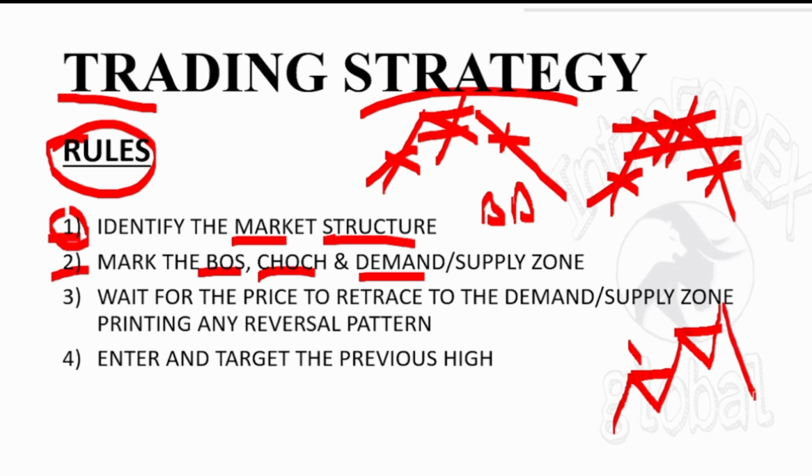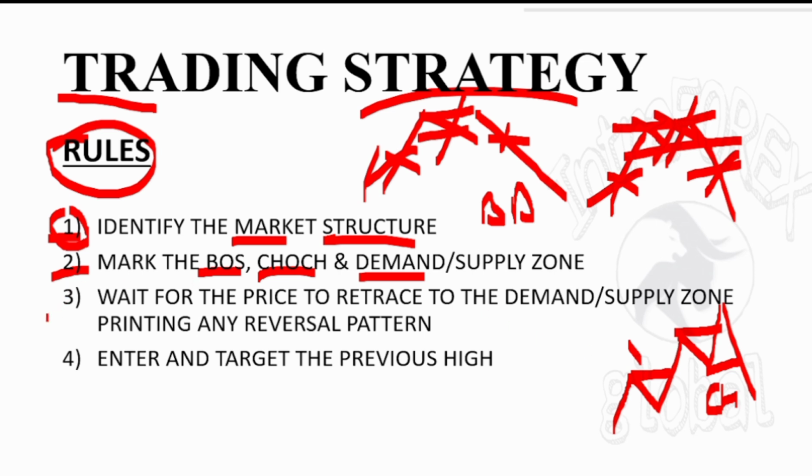And then if it changes direction and mitigates the recent low, this is what we call the change of character. So this is what you need to identify. First you identify if the market is in an uptrend or downtrend. Then after that you mark those levels, the break of structure, the supply or the demand, or the change of character. This is number 2.